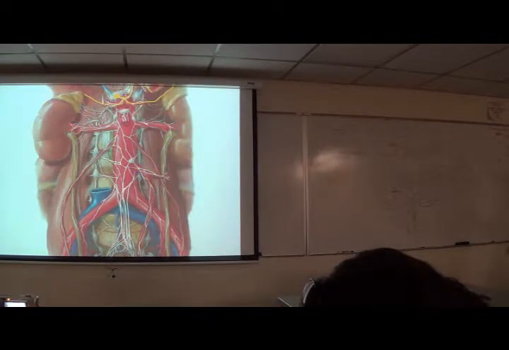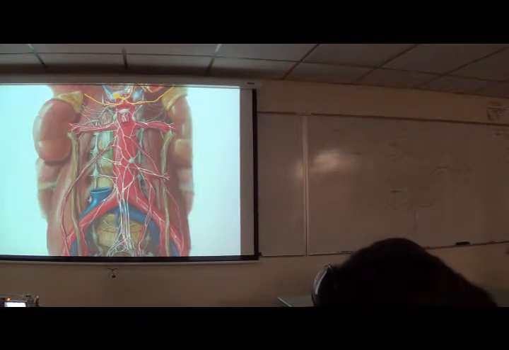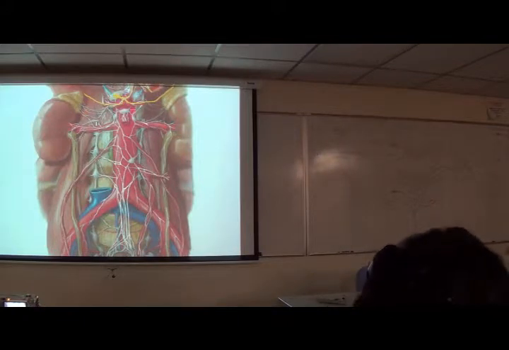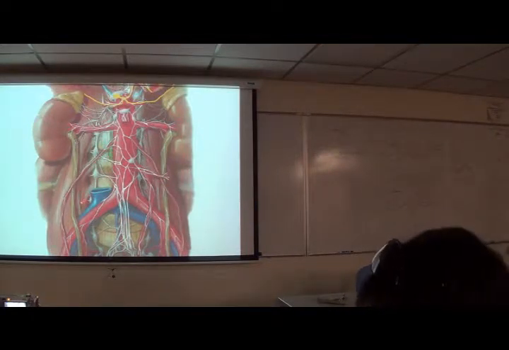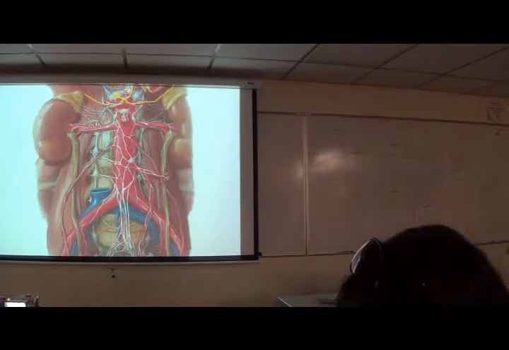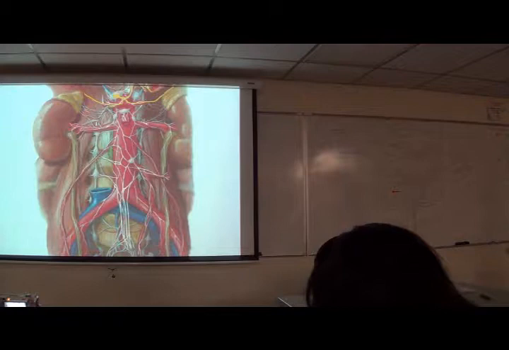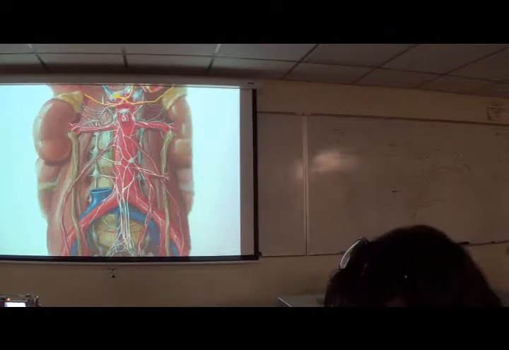So let's go back to this picture here. These are the prevertebral ganglia. Along the side, you can see the paravertebral ganglia. That's the sympathetic chain that we've created in our previous sets of diagrams. These ganglia, like the others, are formed of the cell bodies of postganglionic neurons.